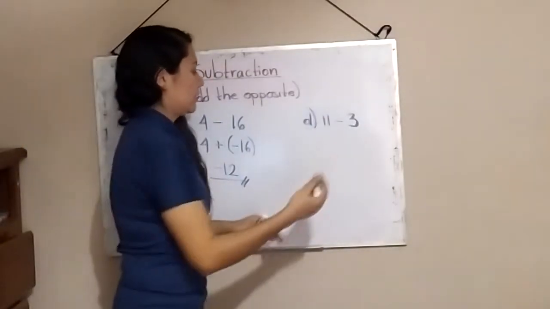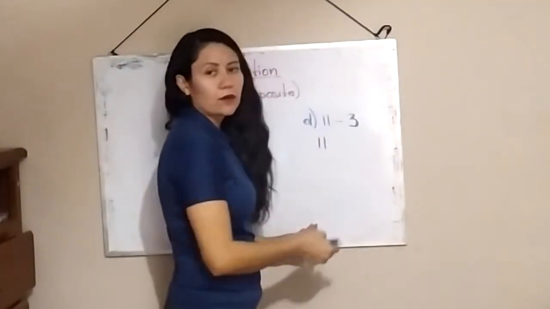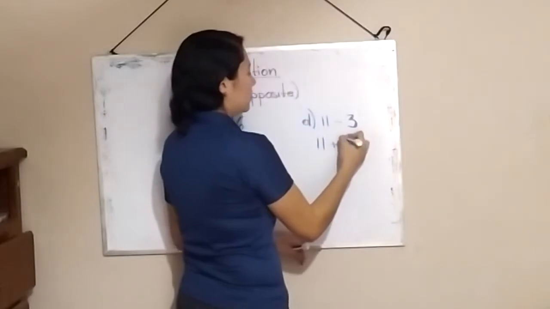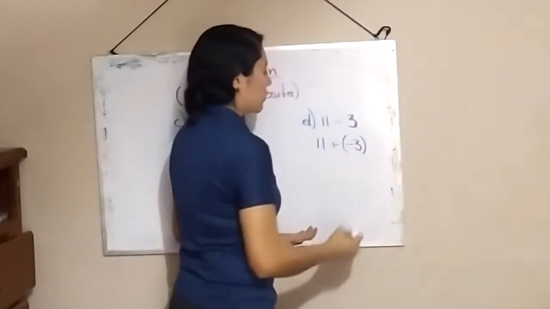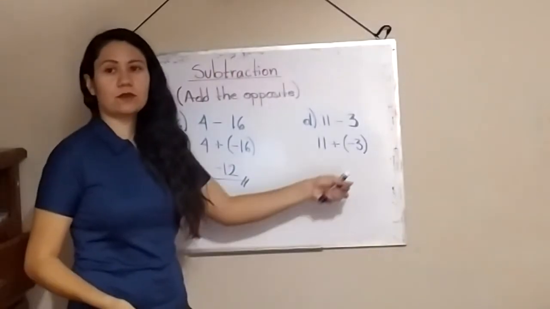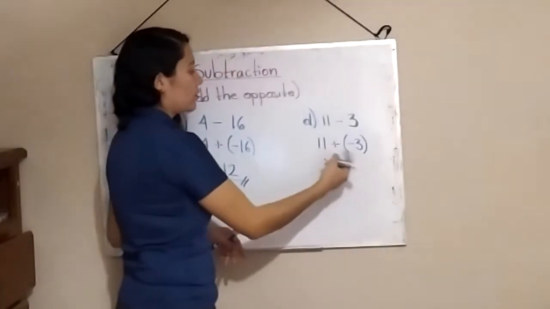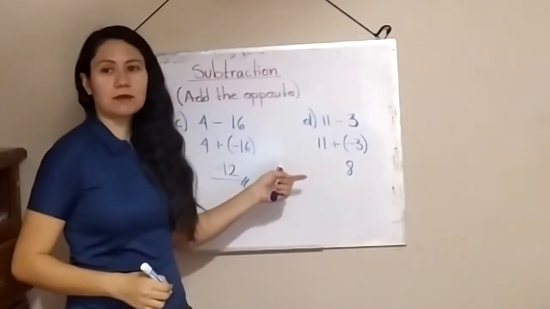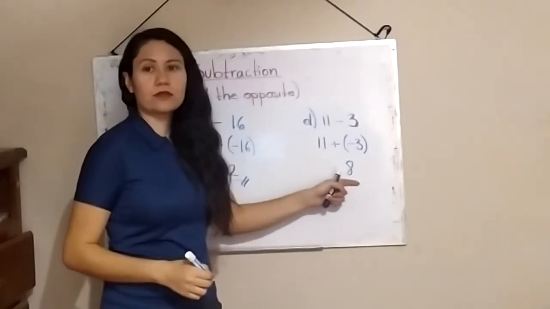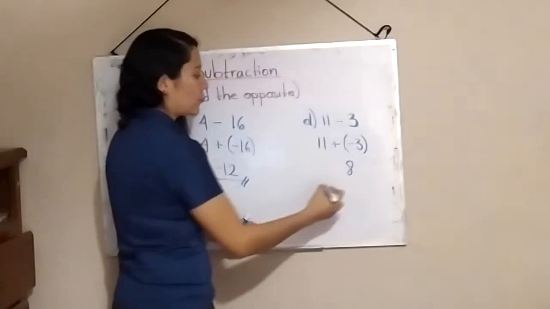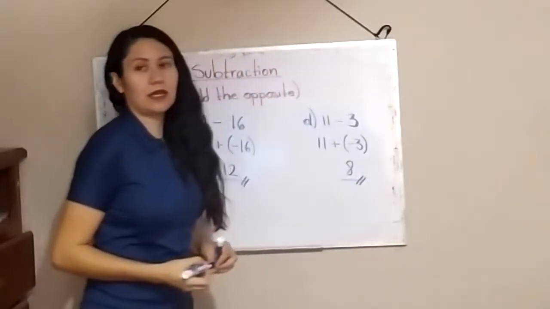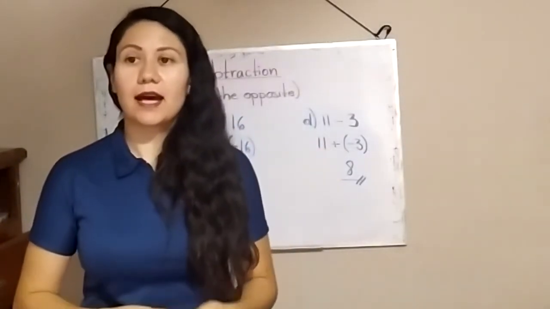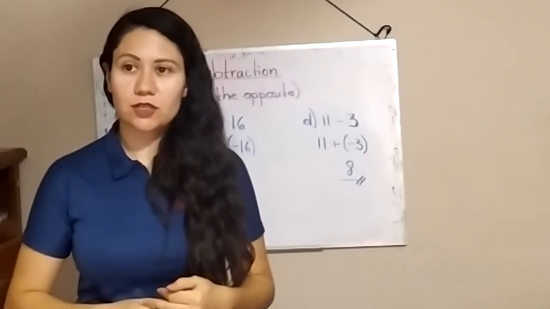We leave the 11, we change the subtraction for an addition, and we change the 3 for its opposite number. Rules of the addition when we have unlike signs: we are going to subtract. 11 minus 3 is 8. The greatest absolute value is 11, so we are going to leave the positive sign for the result. And as you can see, we have the same result.